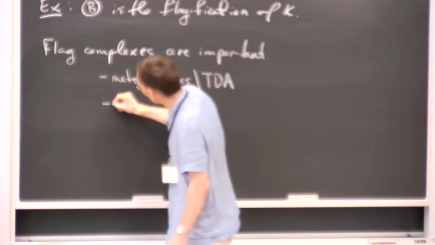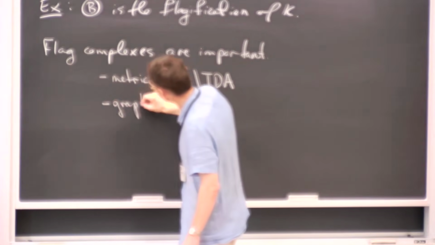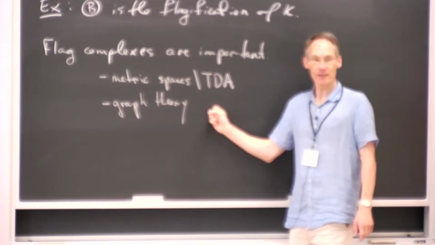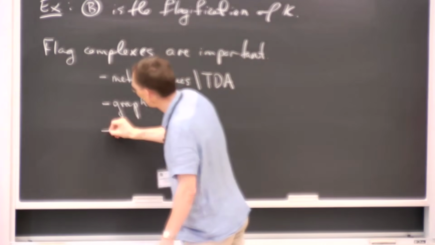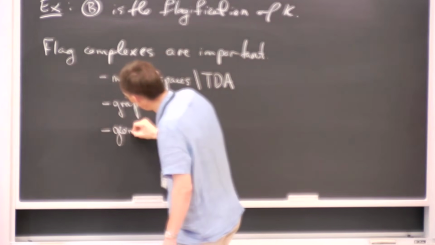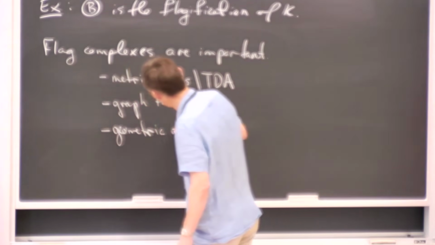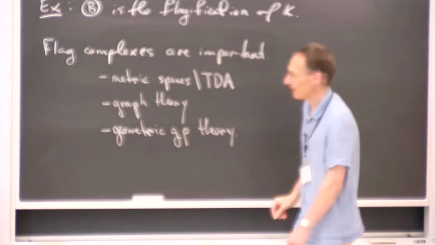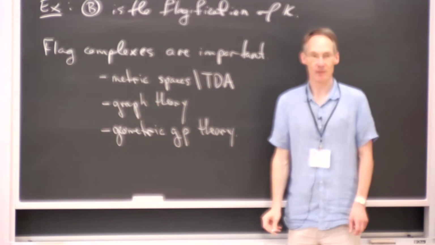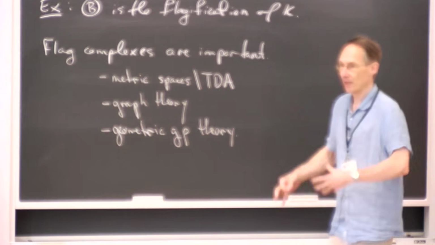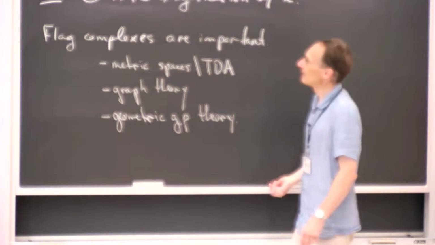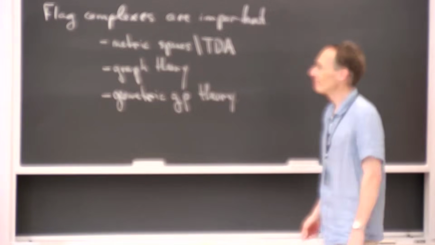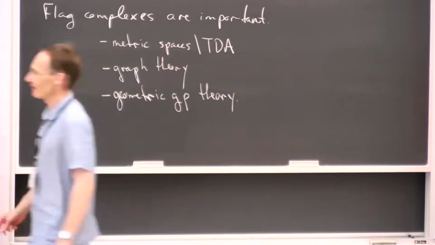They show up in graph theory, where they're clique complexes. They show up in geometric group theory, which we'll talk about a little bit towards the end, and I'm sure they show up in lots of other places as well. Somehow they're a very user-friendly collection of simplicial complexes.